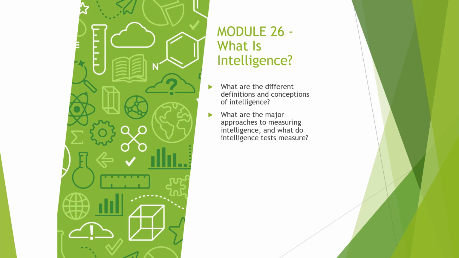Okay, so let's start off here just with a basic definition for intelligence. Intelligence is the capacity to understand the world, the capacity for you to think rationally and use resources effectively when you're faced with any sort of challenge.